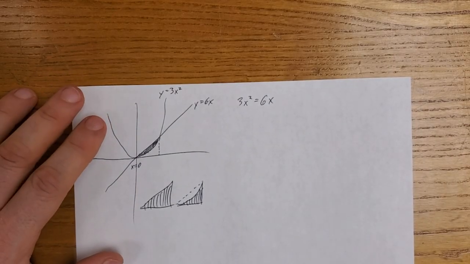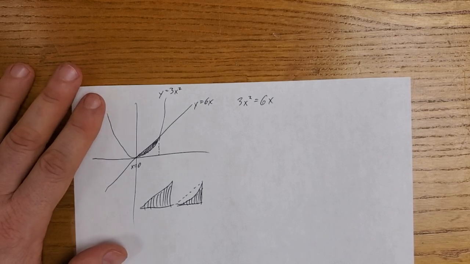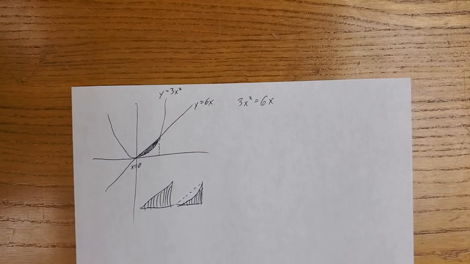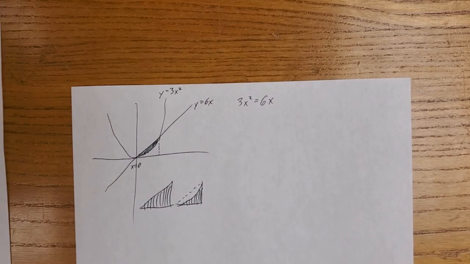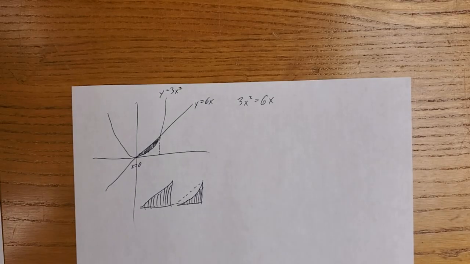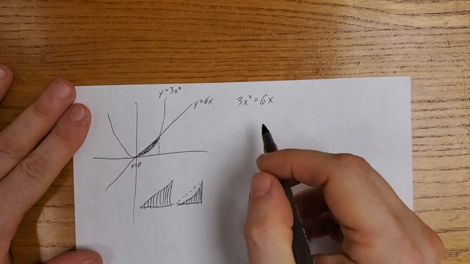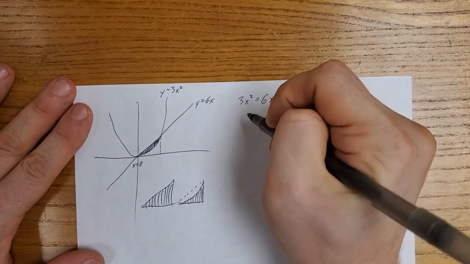And we can just shuffle a few things around. Did I do that correctly? Yeah. So the easiest way to do that is to bring this x over here and that 3 over there.